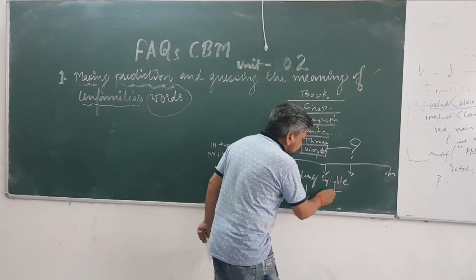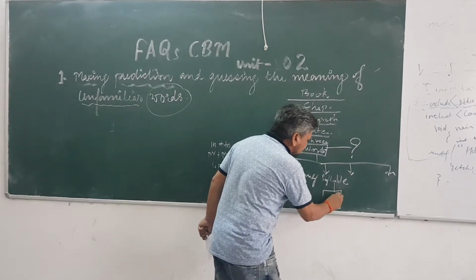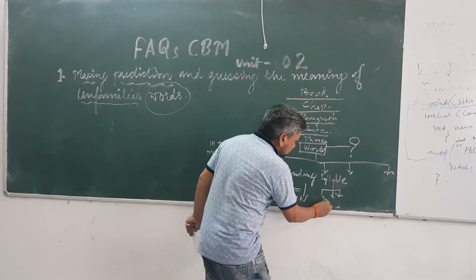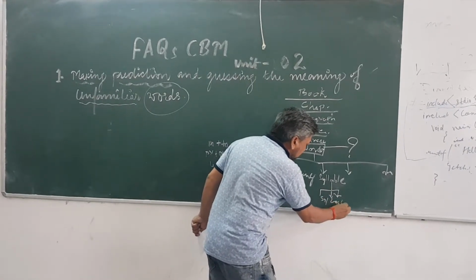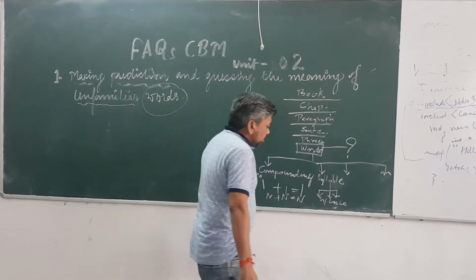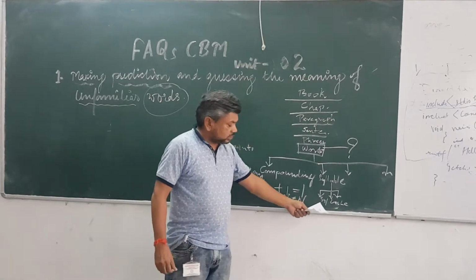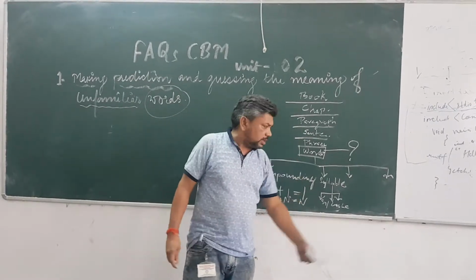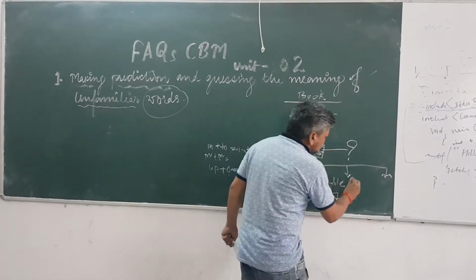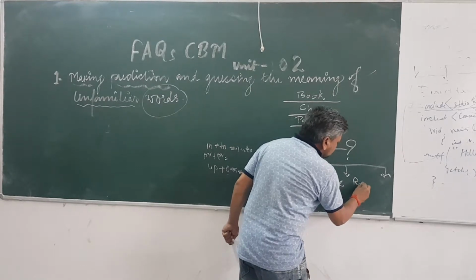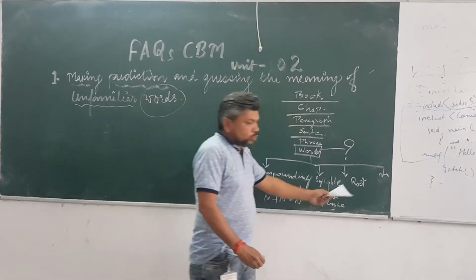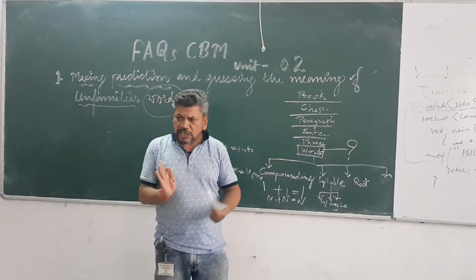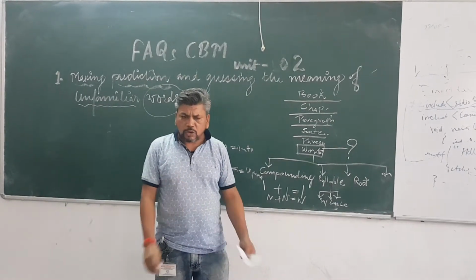Like syllable itself has three syllables: syl, la, ble. You try to guess the meaning of the first syllable, second syllable, third syllable. Then there is another method, identifying the meaning of the root. You try to understand the meaning of the root word, and then you guess on that basis.